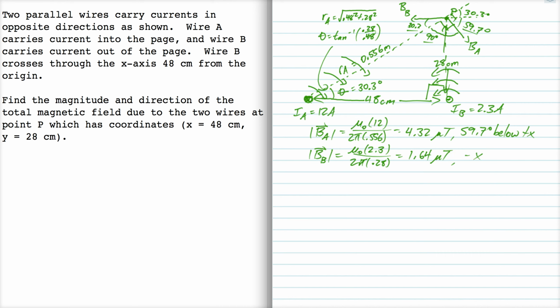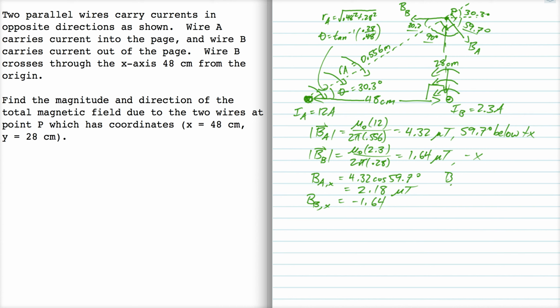Okay, so now we got to add up the x and y components. So the x component of the magnetic field due to wire A is 4.32 cosine 59.7, which is 2.18 microtesla. And the x component of the magnetic field due to wire B is minus 1.64.